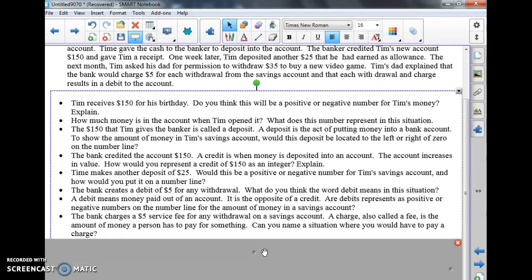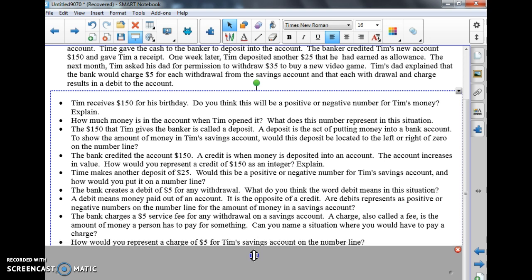A lot of places where you have to pay money. There's a charge in order to go to Sky Zone and jump on the trampolines. There's a charge for renting bowling shoes. There's a fee for going to different events at Paradise Park or hitting balls in a batting cage. So any place that charges you money is a fee or a charge.